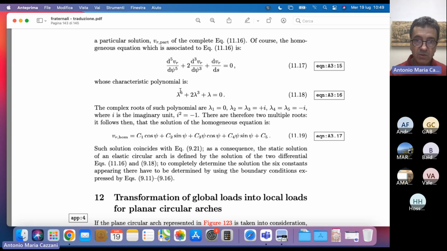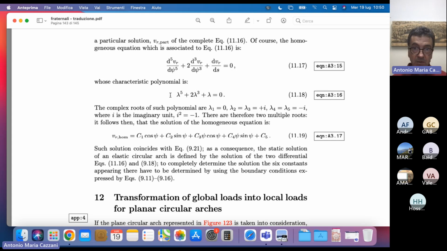So the roots of this polynomial are clearly lambda 1 equal to 0, and the other 4 roots are the roots of the biquadratic equation lambda to the 4th plus 2 lambda squared plus 1 equal to 0. By solving this simple equation, we see that there are 2 double roots, one which is plus i, being the imaginary unit, and one which is minus i.